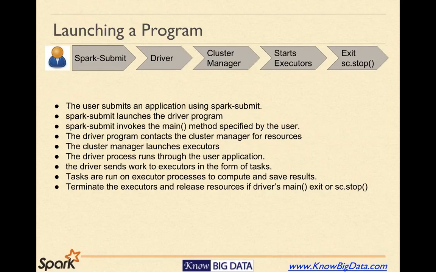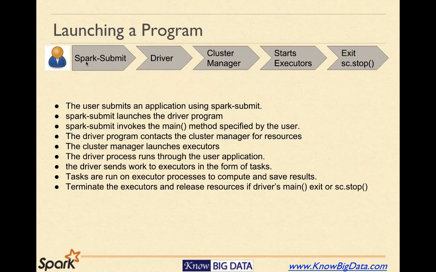So here is something that demonstrates the flow. The user on the left-hand side does a Spark submit, or starts the shell and executes an action. The request goes to the driver. The driver talks to the cluster manager, and the cluster manager starts executors, and then once the process finishes, exit is called and Spark stops.